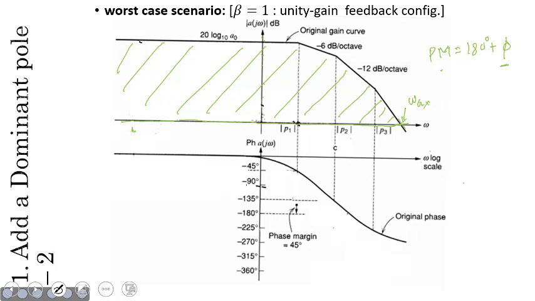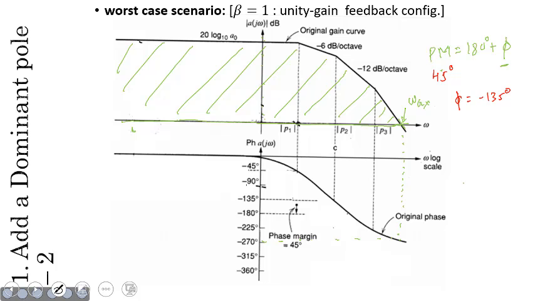In this case, the phase value at omega equals omega gx is almost minus 270 degrees, which is far smaller than minus 180 degrees, right? If we want a phase margin equal to 45 degrees, then we need a phase value equal to minus 135 degrees, right?